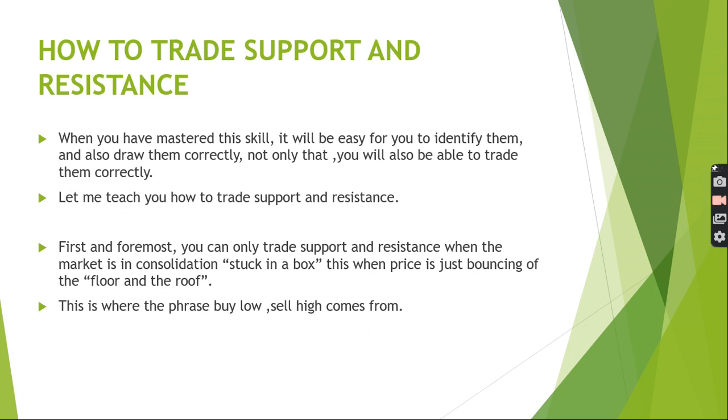First and foremost, you can only trade support and resistance when the market is ranging or consolidating, which we call stacking a box. You don't want to be trading this when the market is in a strong uptrend or a strong downtrend. Find an area in the market which is in a range. You find this everywhere.